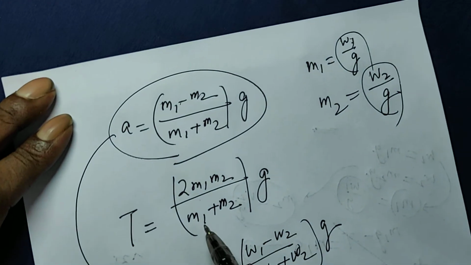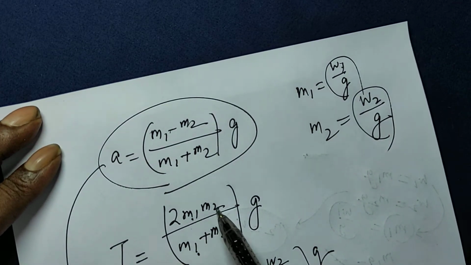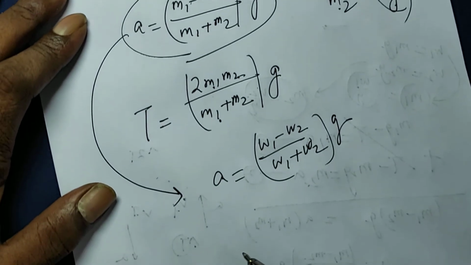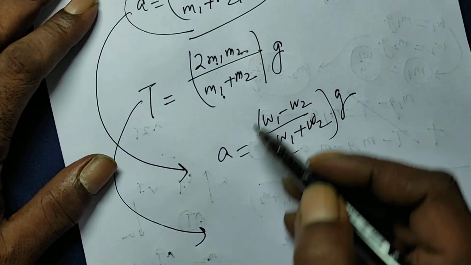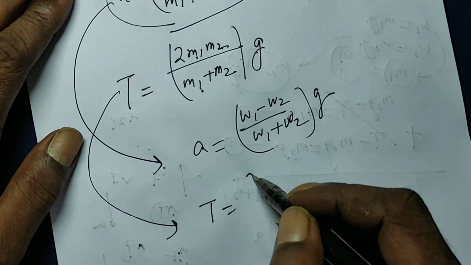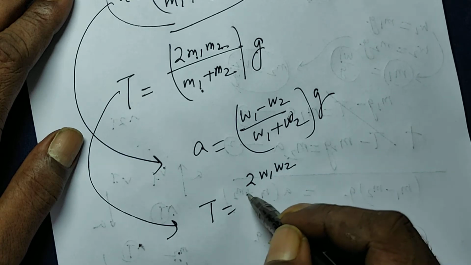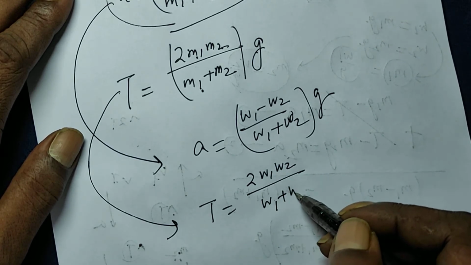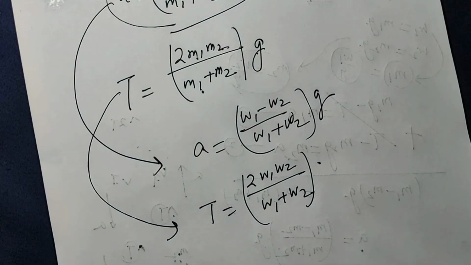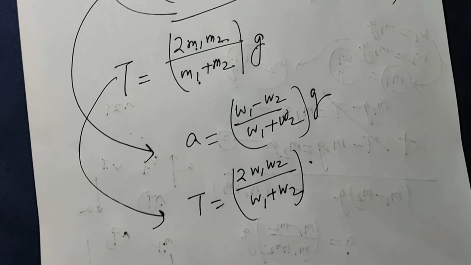But if you substitute w1 by g for m1 and w2 by g for m2 in the tension expression, the g term will not come. You can try. It will just come out to be 2 w1 w2 over w1 plus w2. There will be no g term here, right? So you have to be careful.